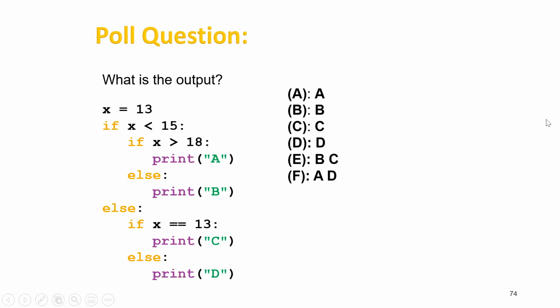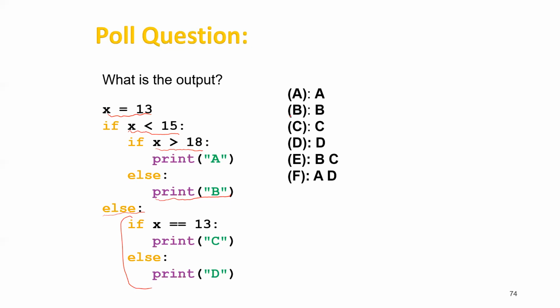Let's see. So if I was going to trace through step by step, x is equal to 13. That means 13 is less than 15, so this will evaluate to true. If x is greater than 18, well, that's not true, so we will print b. And then this whole else clause does not get executed.